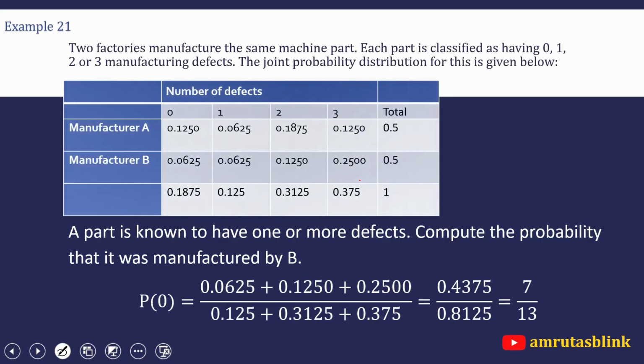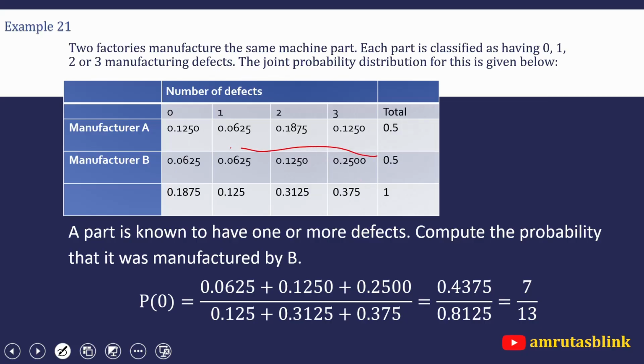And let's look at the fourth case. A part is known to have one or more defects. Compute the probability that it was manufactured by B. Now, one or more defects means we need to consider one defect, two defects, or three defects.